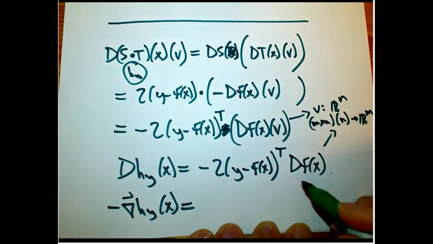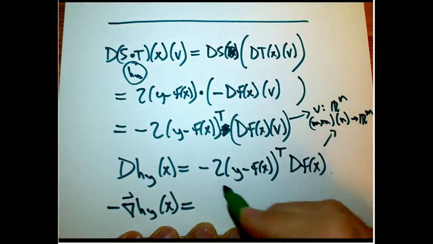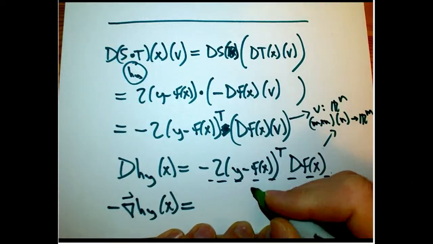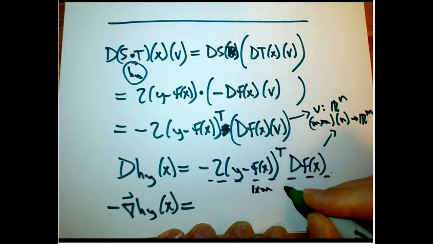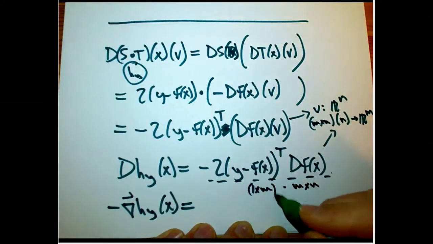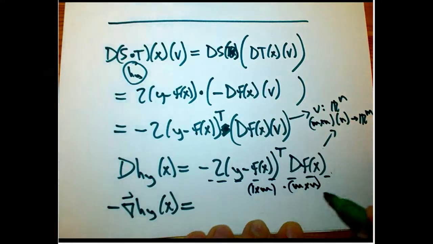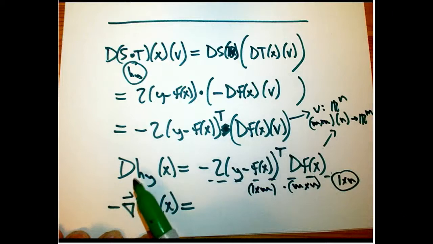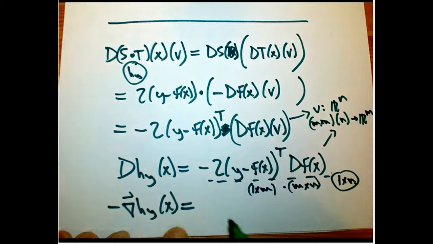Okay, so this guy is this row vector, a 1 by m matrix, times an m by n, and that is a 1 by n matrix, a row vector, as befits the derivative of a map from Rn to R1, and then the gradient is just the transpose of that.